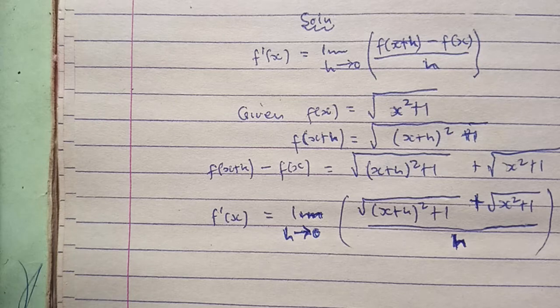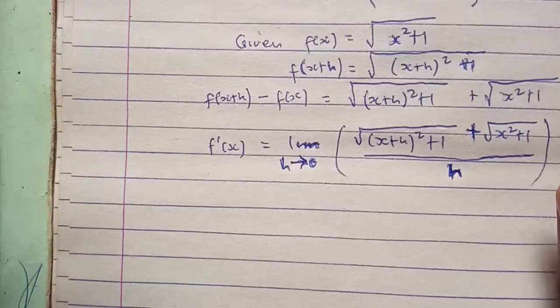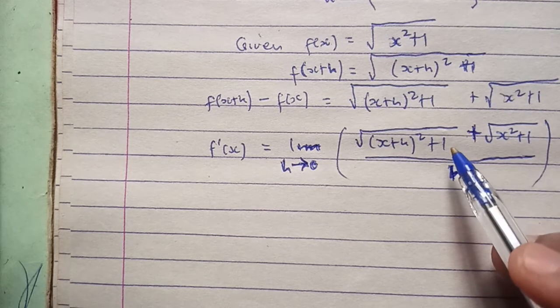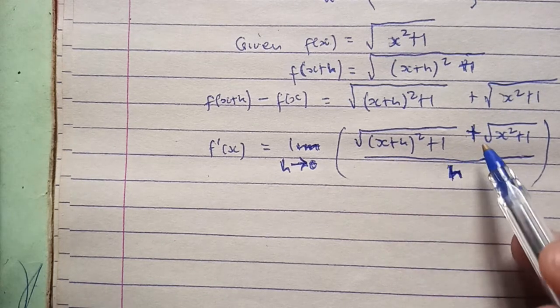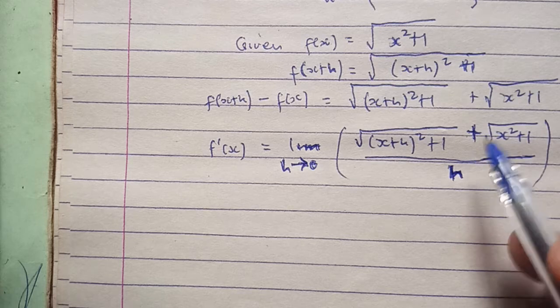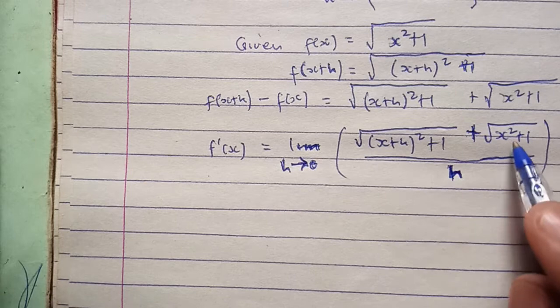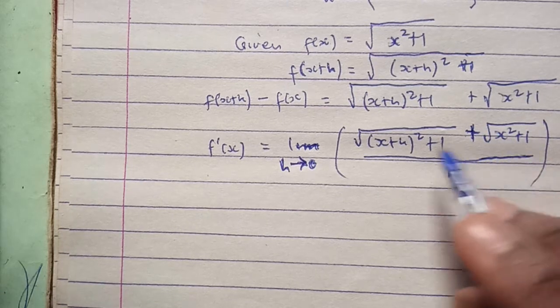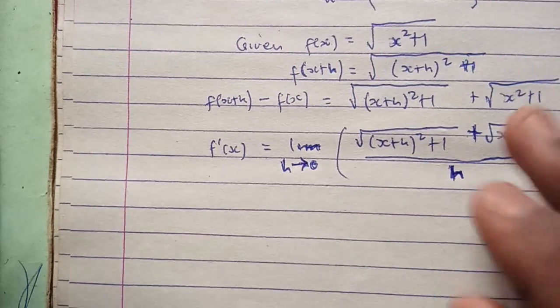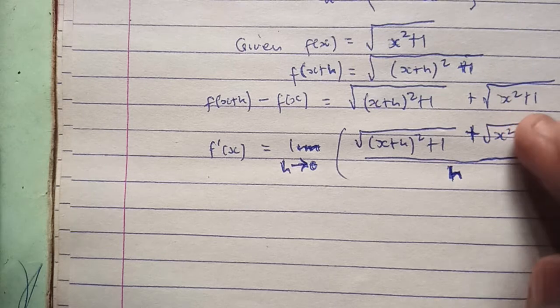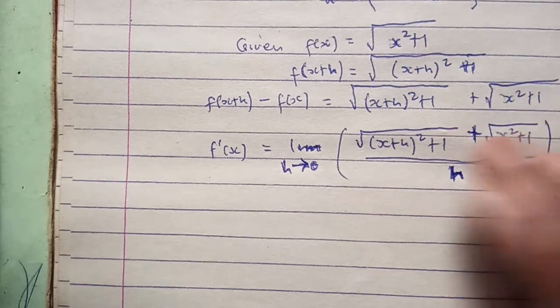So guys, in manipulating this, we realize that the numerator consists of a radical function, because all these expressions have radicals. So the numerator consists of radical expressions, the sum of two radical expressions.